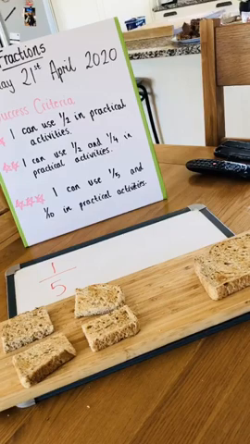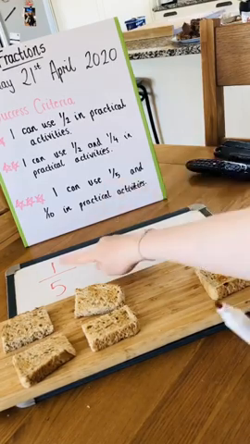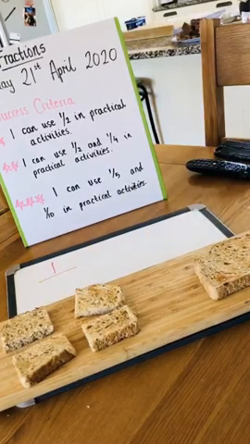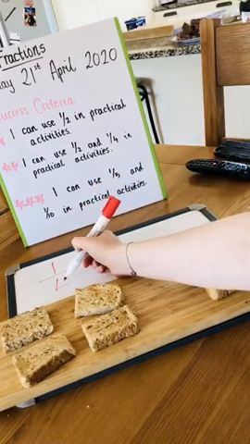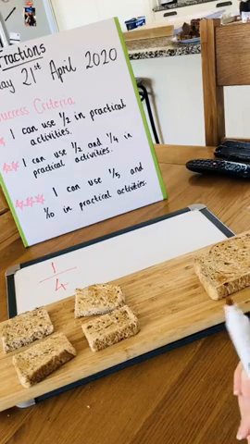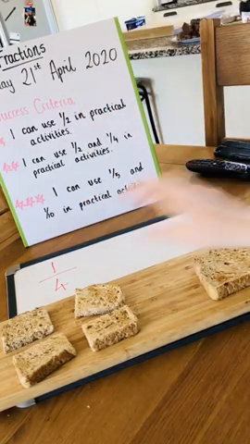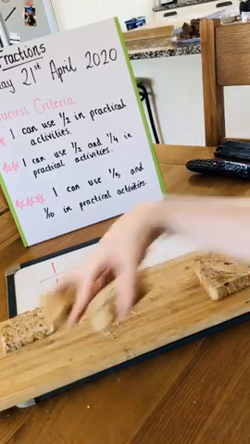Is that right? No, that's a fifth. So we need to make it a quarter. If we want a quarter, we need to put a 4 on the bottom. Okay, we've split it into quarters.